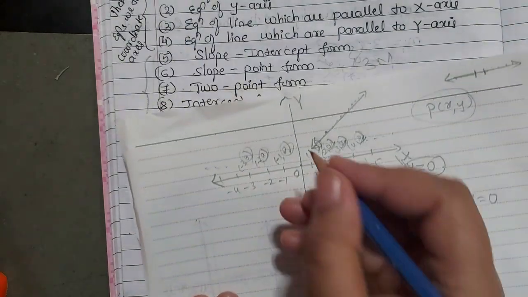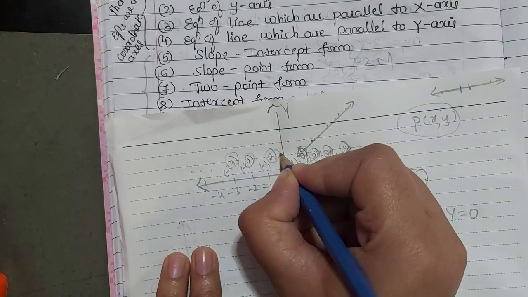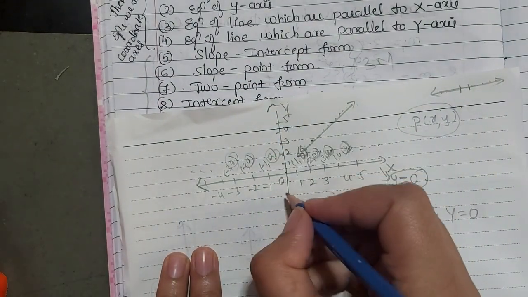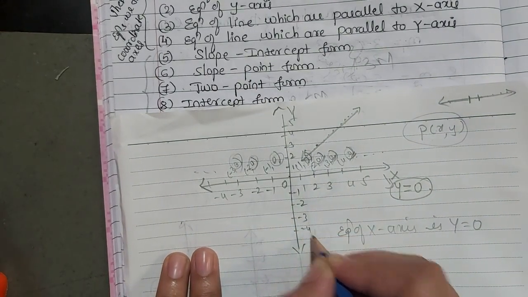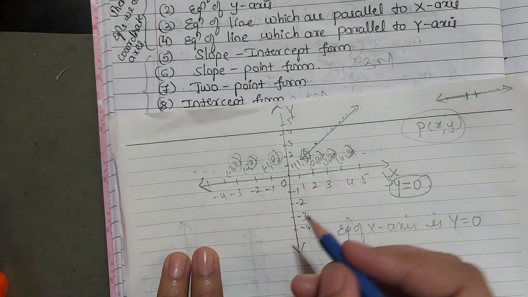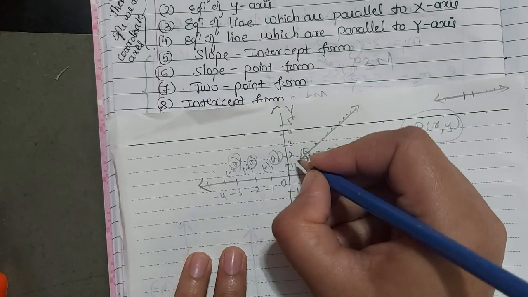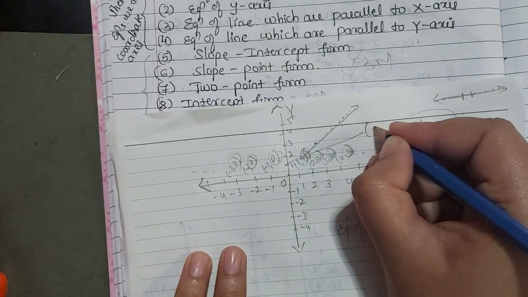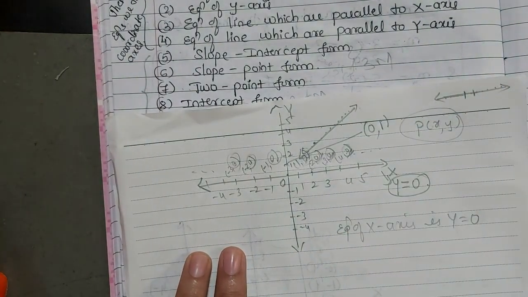Okay, so now the equation of y-axis. On the y-axis, above the origin we have positive values 1, 2, 3, 4, 5. Below the origin we have negative values -1, -2, -3, -4, and so on. How do you write the y coordinate points? The point y equal to 1: the value of x is 0 and the value of y is 1.